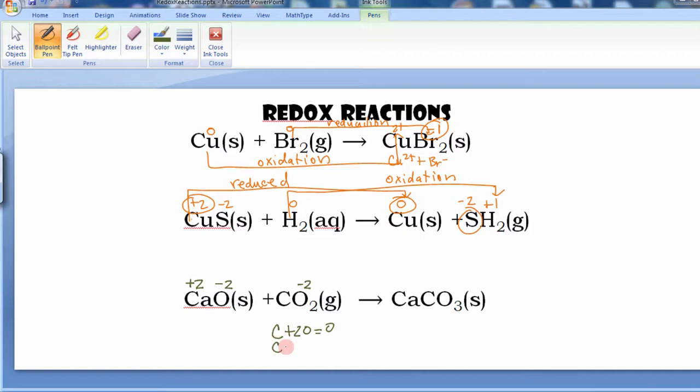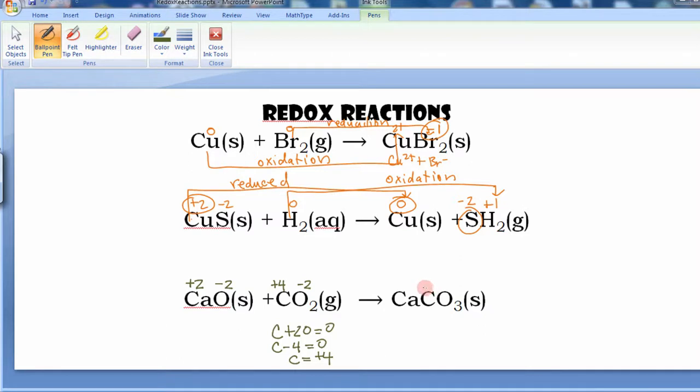So carbon minus 4 equals 0. So carbon in CO2 has an oxidation state of +4. Even though this is molecular, we treat it as ionic to find the oxidation state. And the sum of our charges here would equal 0, so we know carbon is correct.